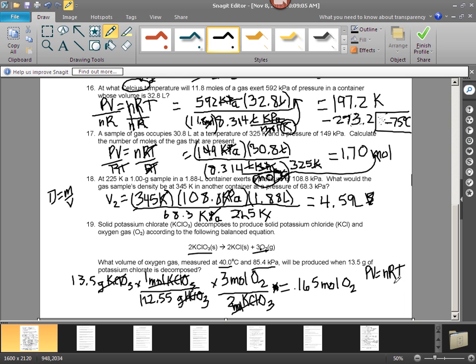And PV equals nRT. Divide both sides by RT. Put all of your numbers in. Oh, wait a minute, I'm sorry. I solved for n. That isn't what I meant to solve for. I meant to solve for V. My mistake.